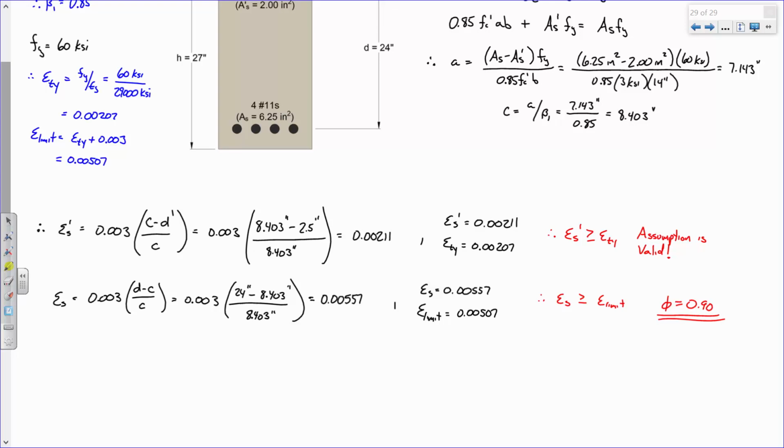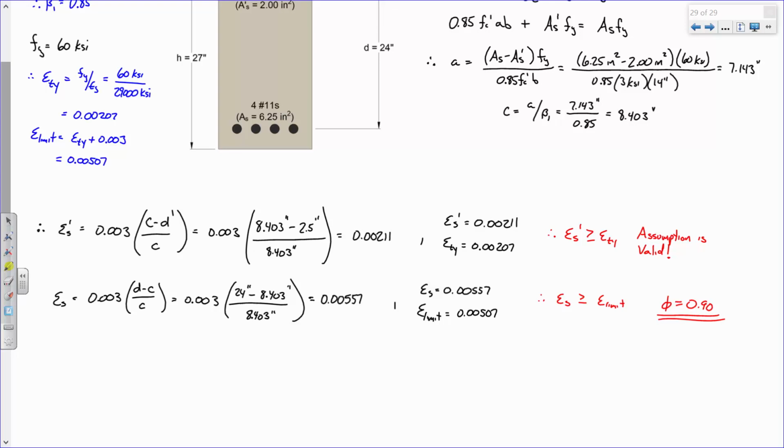Why do we compare the ES prime to yielding, but the ES to the limit? Okay. Because they're two different comparisons. We're comparing this to the yielding strain to verify our assumption.